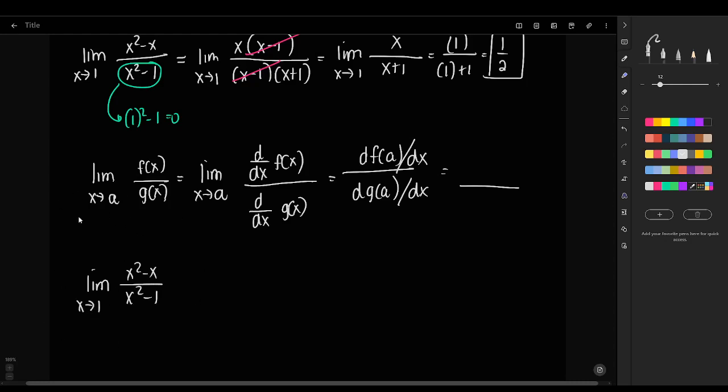And you know that you could not plug in directly the value of x here because it will give you an indeterminate value. By the L'Hospital rule, you differentiate, right? The numerator and the denominator separately.